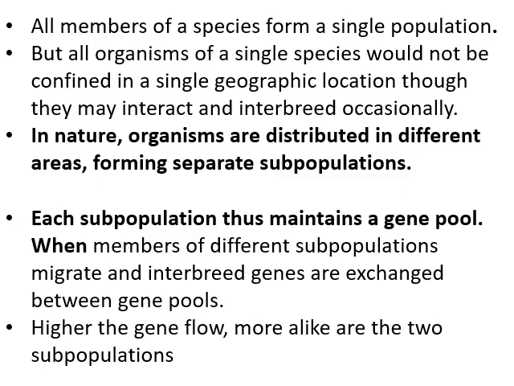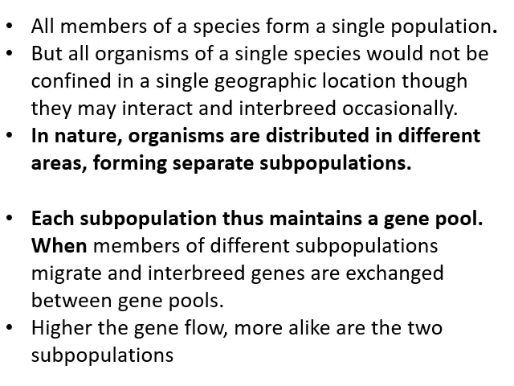All the members of a species form a single population in a single area. But all organisms of a single species are not confined to a single geographical location, though they may interact or interbreed occasionally despite the presence of huge geographical barriers.